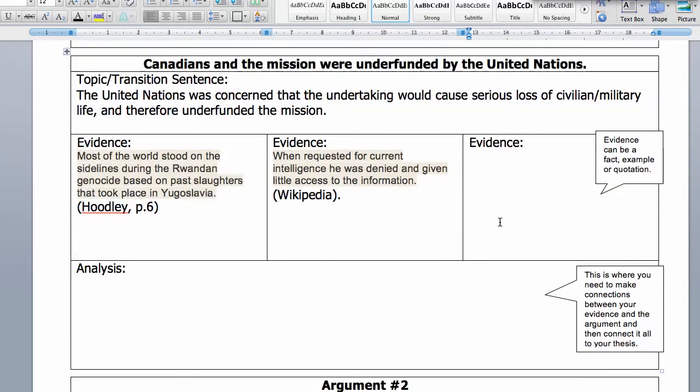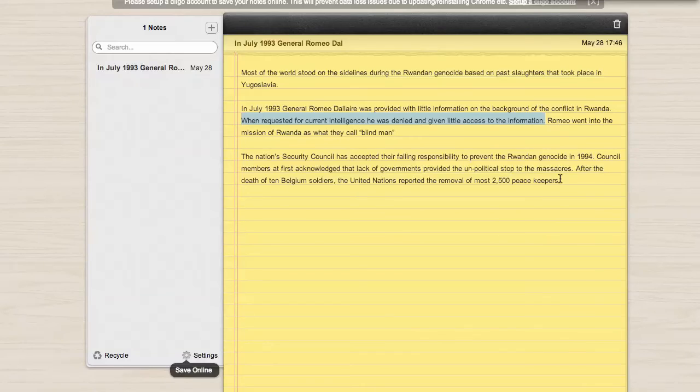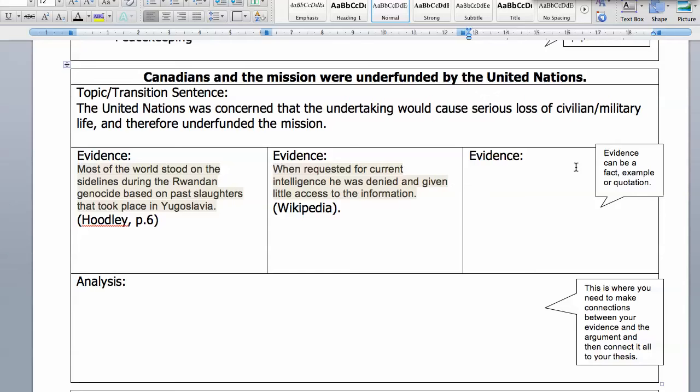Okay, and then our third piece of evidence, which I pulled out already, was that the Security Council has accepted their failing responsibilities to prevent the Rwandan genocide in 1994. Council members first acknowledged the lack of government-provided political will to stop the massacres. After the death of 10 Belgian soldiers, the United Nations ordered the removal of 2,500 peacekeepers. That sentence right there is my selling point.